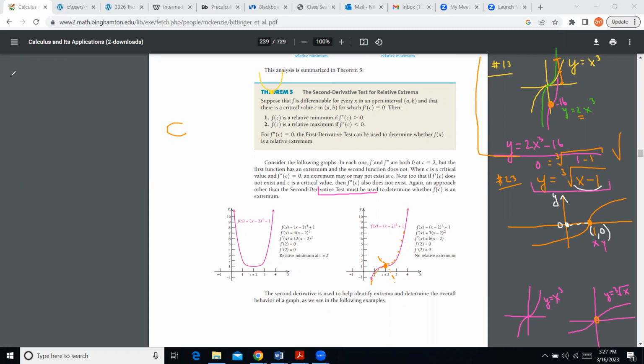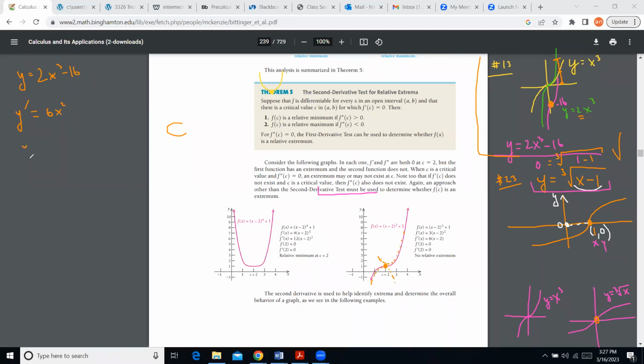So let us take derivatives of this function, let me write it, 2x to the third power minus 16. And it turns out this point is found by taking a second derivative. So the first derivative will be 2 times 3, which is 6x squared.